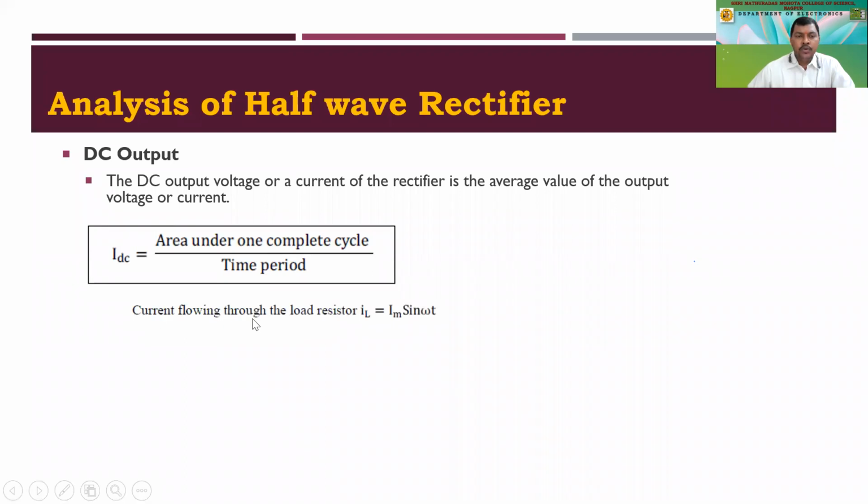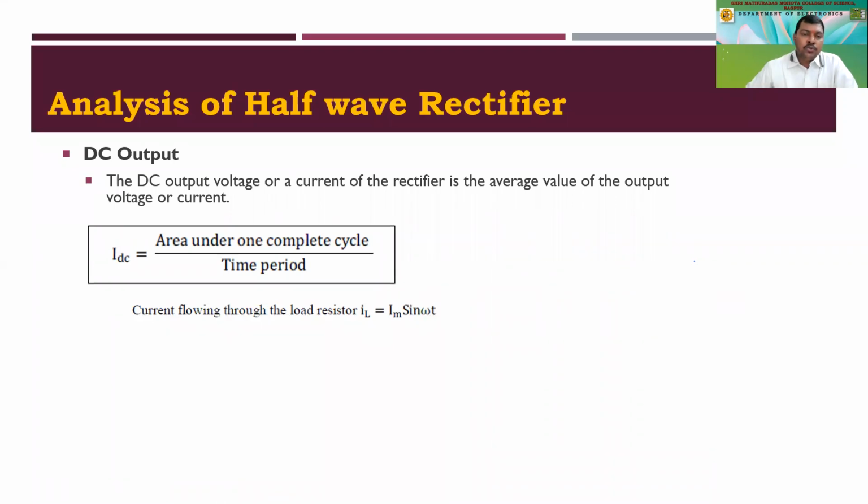Now the current flowing through the load resistor will be IL equal to Im sine omega t. This is the equation for the sine wave, and since it is written as I, it is the equation for the current. Wherever we have I, it implies that it is for the current.